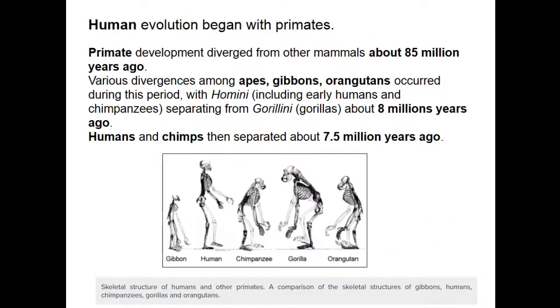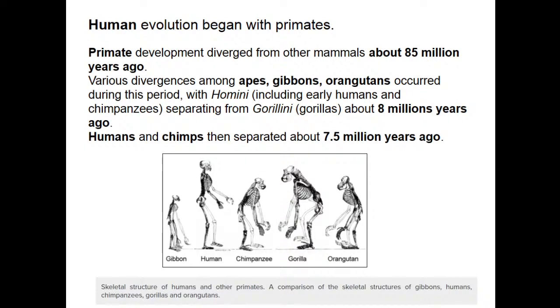And we need to return a little to our last lecture and speak about human evolution. Human evolution began with primates.